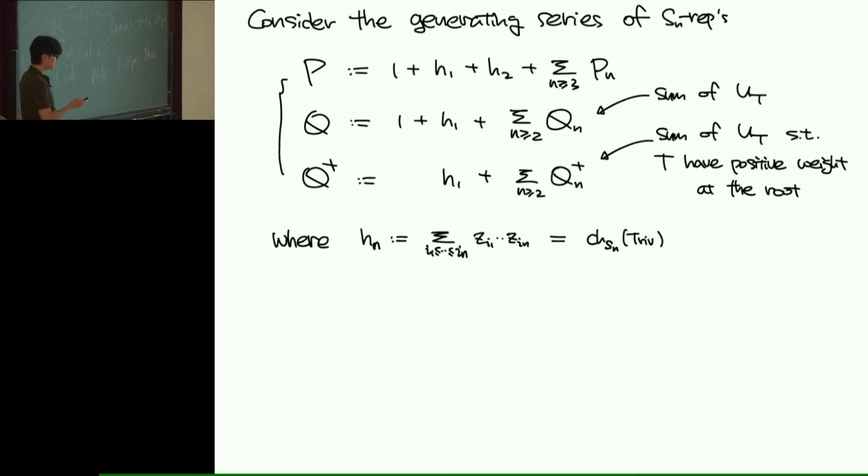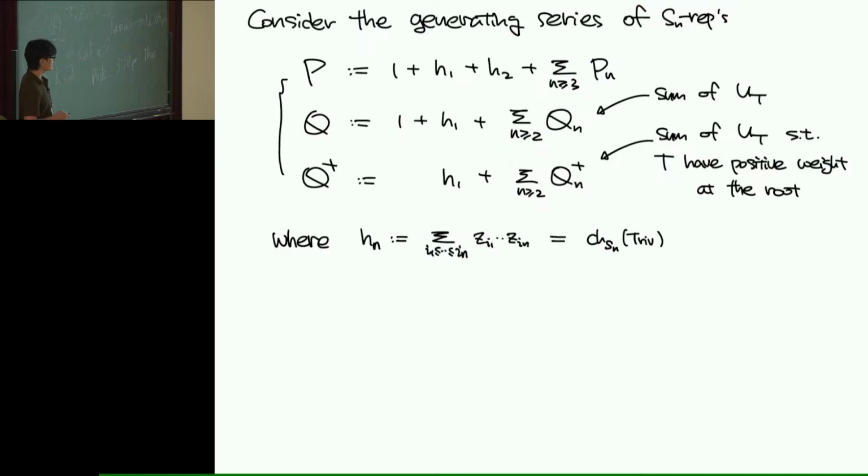Okay, so using these, we can write the formulas. The formula goes like this. We consider the generating series of these SN representations. P is our goal, and Q is where we put extra marking so that we can obtain some combinatorial formula using the blob sequence.